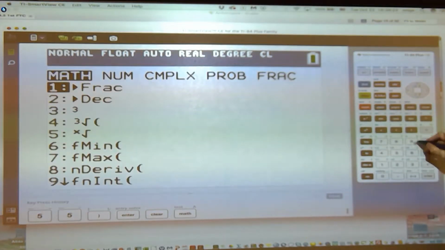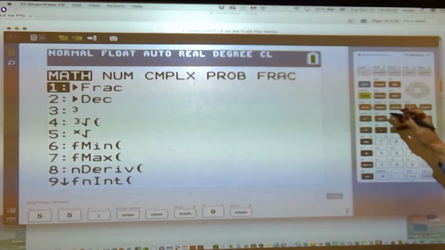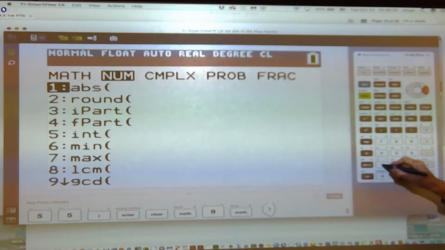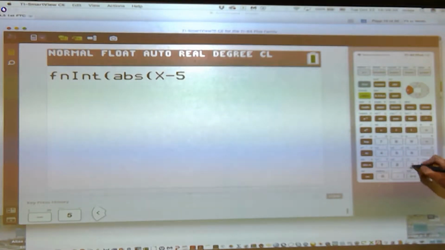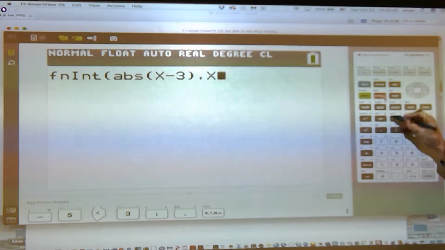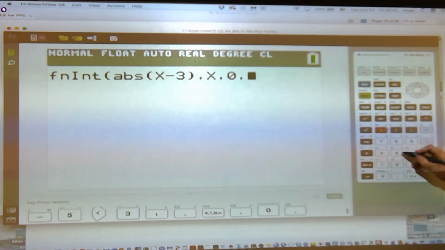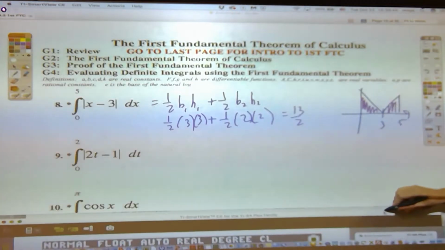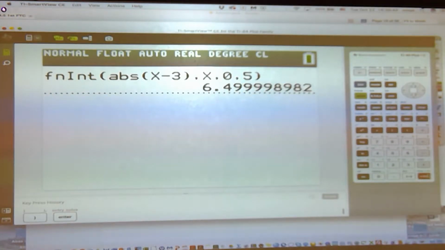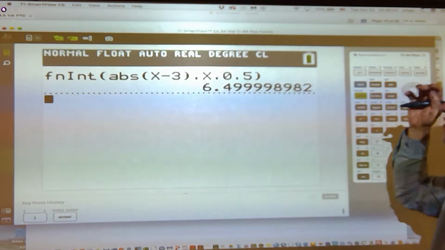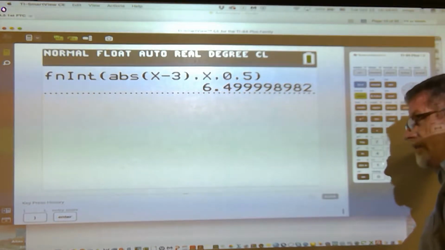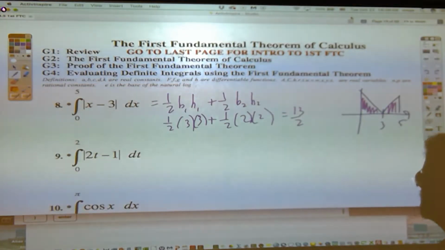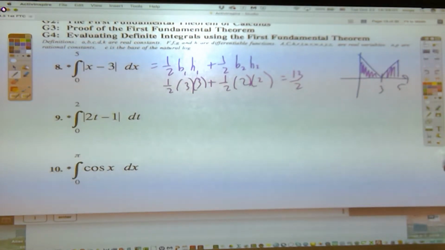We can go to Math 9 and type in the absolute value function by going to Math Number ABS, absolute value of x minus 3 with respect to x from 0 to 5. We predicted that the answer would be 6.5. Notice it just gets an approximation. The calculator is not quite as good, but it does give us evidence that our 13/2 or 6.5 is correct. So watch out for opportunities to use geometry instead of calculus.